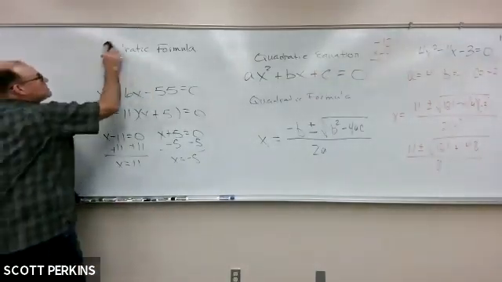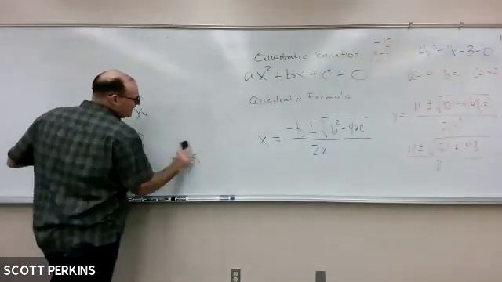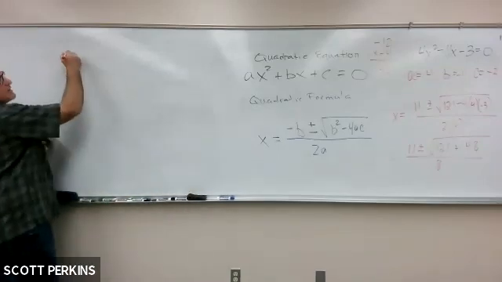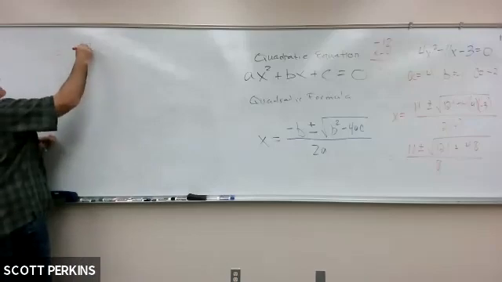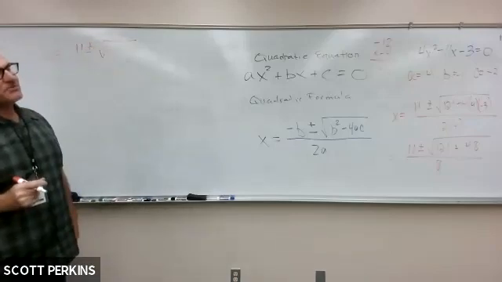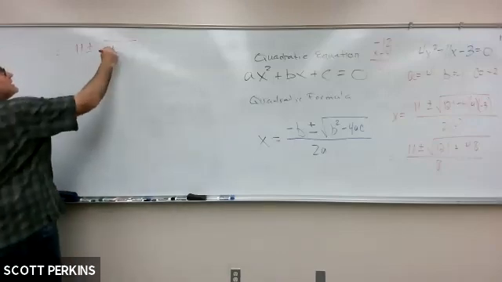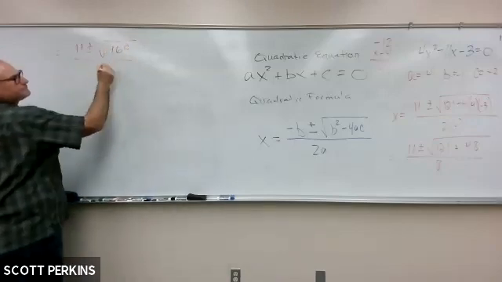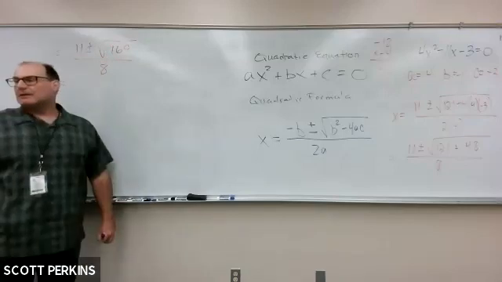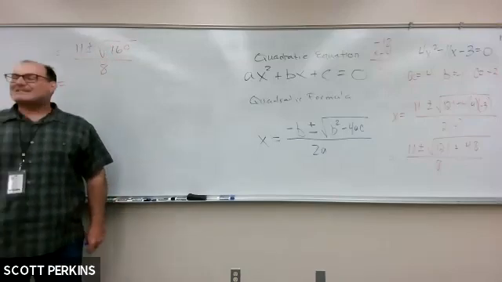Next thing I'm going to do is I'm going to add or subtract whatever I'm supposed to do, those numbers that are under the square root. So underneath the square root, I have 121 plus 48, which is 169. I would always take a shot at this.